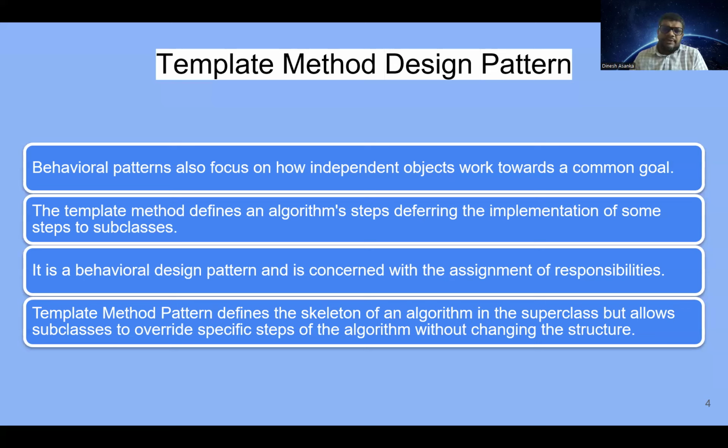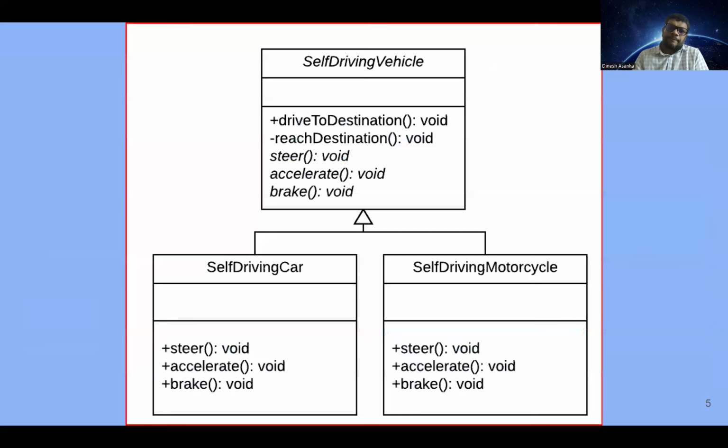So the template method defines an algorithm: what are the steps that you need to follow. It generalizes the algorithm for all the given subclasses. If you look at self-driving vehicles, taking an example from the vehicle itself, you want to drive to a destination.